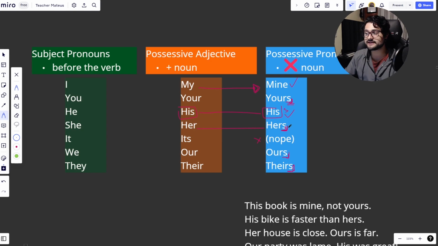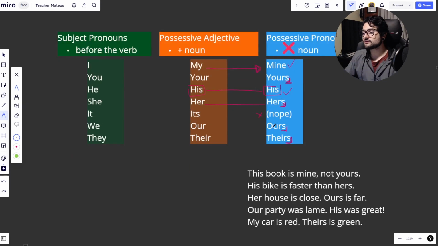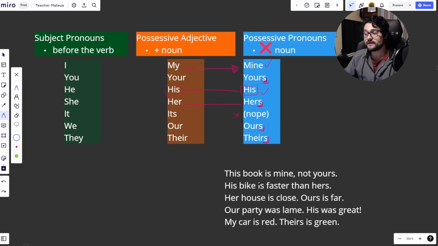I wouldn't say his with double S because his is like this sound, and it's not that word. So let's take a look in some examples. The book is mine. You see that the noun book is before the possession description. The book is mine, not yours.